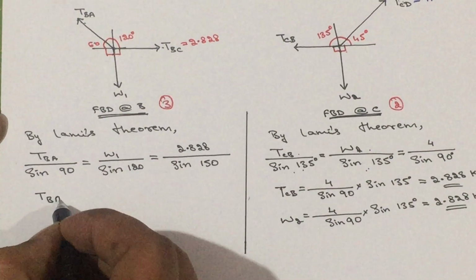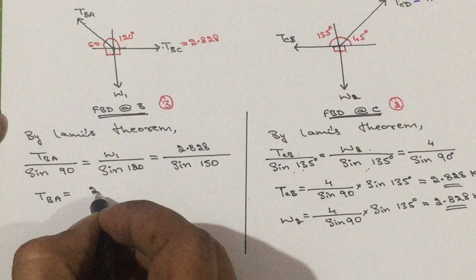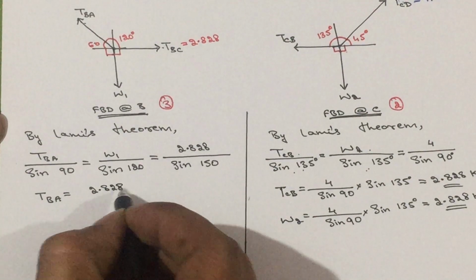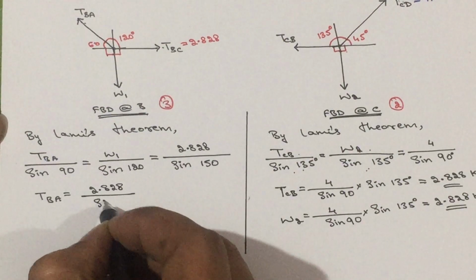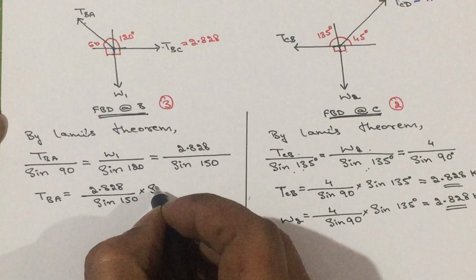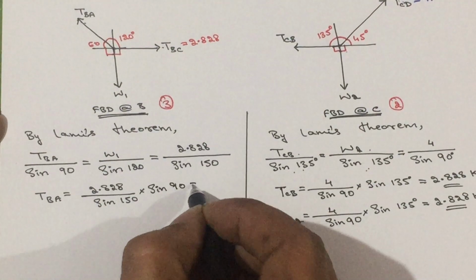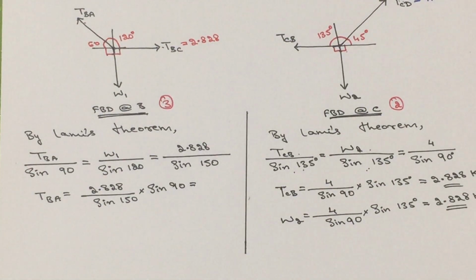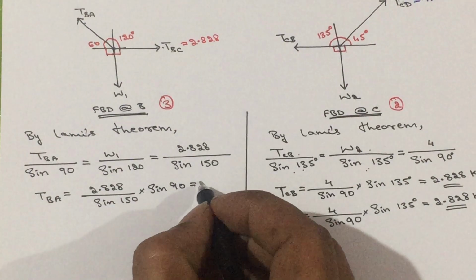You will get TBA is equal to 2.828 divided by sine of 150 multiplied by sine 90. So you are going to get TBA as 5.656 kilonewton.